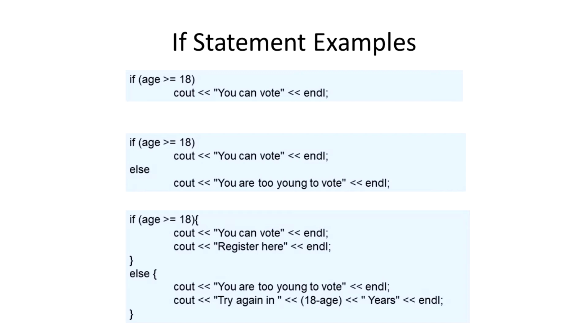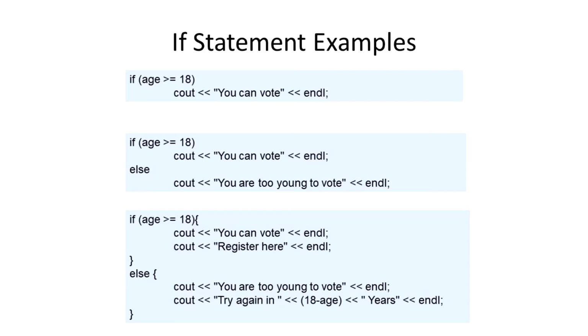Okay, and then finally in the third box, we're just adding additional statements to both of those cases. To the if statement where the condition is true, we specify additional information on where they can vote and where they can register, and then in the else part there's again additional information.